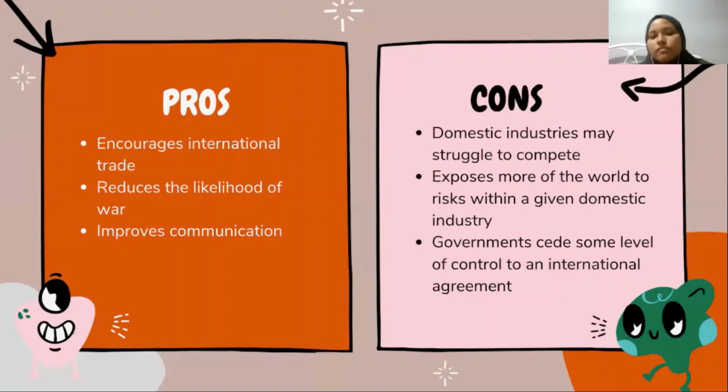The cons of GATT are that domestic industry may struggle to compete, as low tariffs destroy some domestic industries, contributing to high unemployment in those sectors. Second, it exposes more of the world to risk within a given domestic industry. And the last is that governments need some level of control over an international agreement.